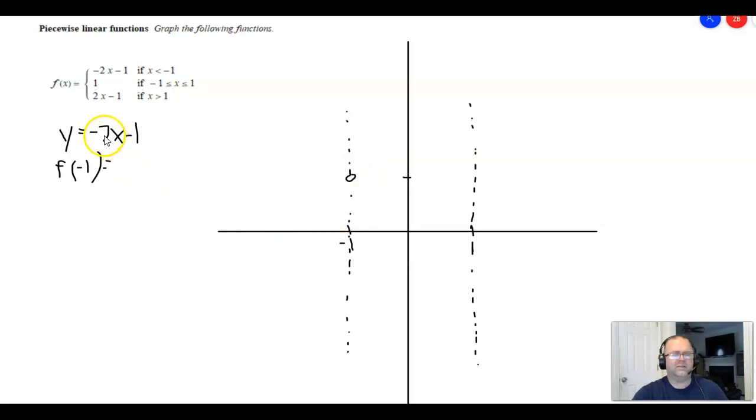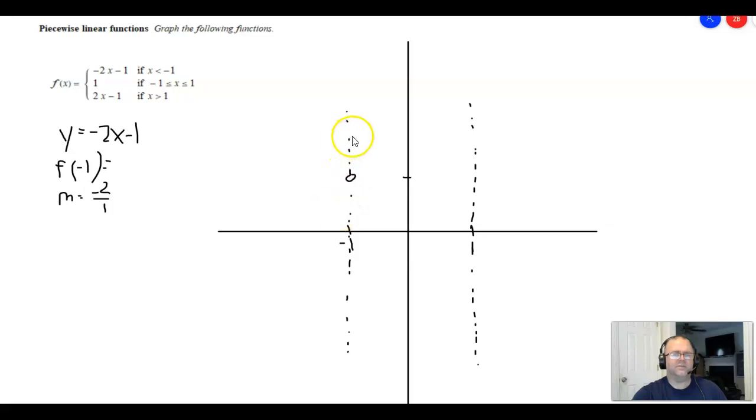And it looks like our slope, since this is in slope-intercept form, is -2/1. So that means we go down 2 and to the left 1, right? Or, no, I'm sorry, that would be a positive slope.